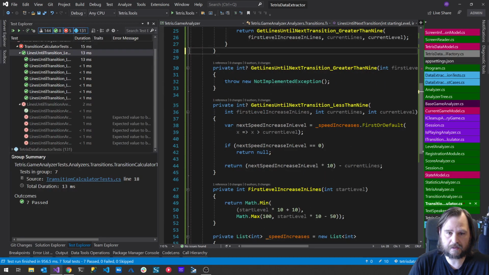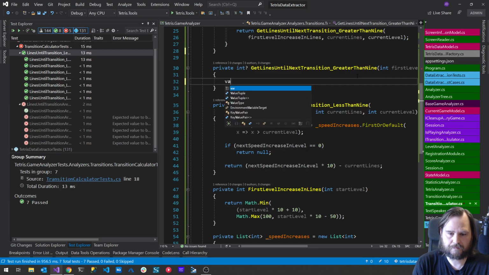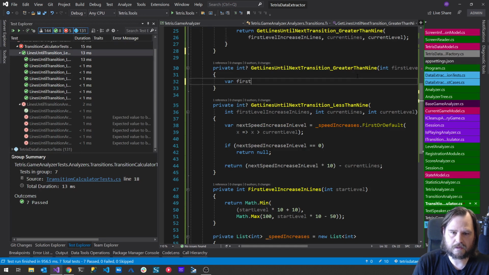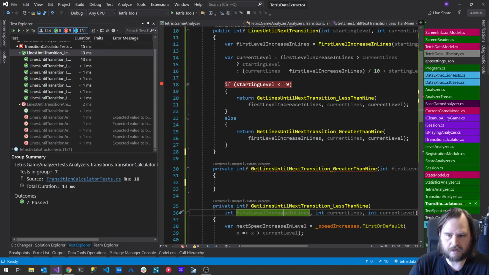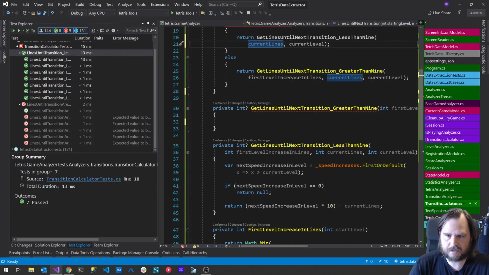Like the first level increase. And look at this, I never even used this. We don't even need this. This is like simple.